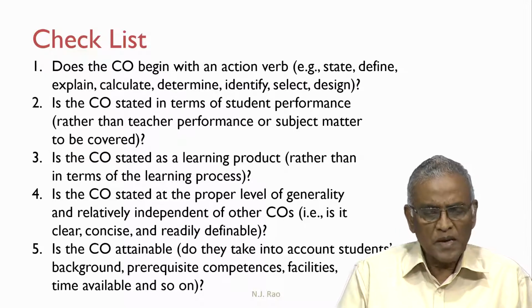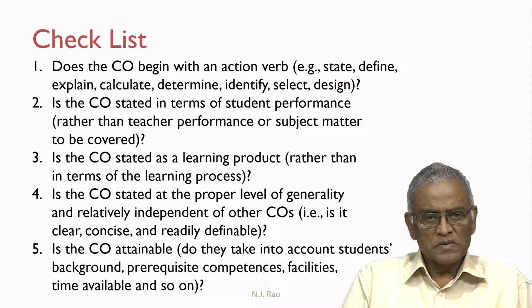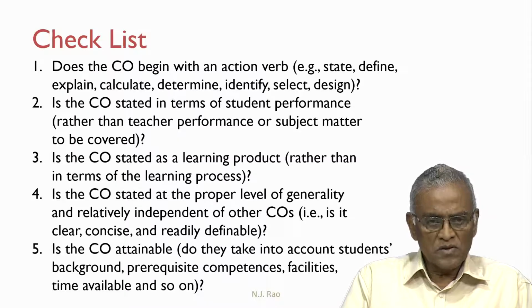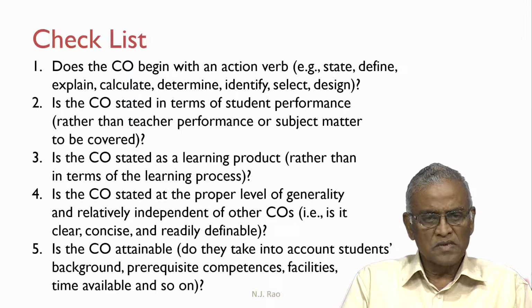And sometimes we tend to be overambitious, and we may be writing a very ambitious CO statement. So, the fifth is, is the CO attainable? That means, does it take into account the students' background, prerequisite competencies, the facilities available in the college, and the time available to address the CO?